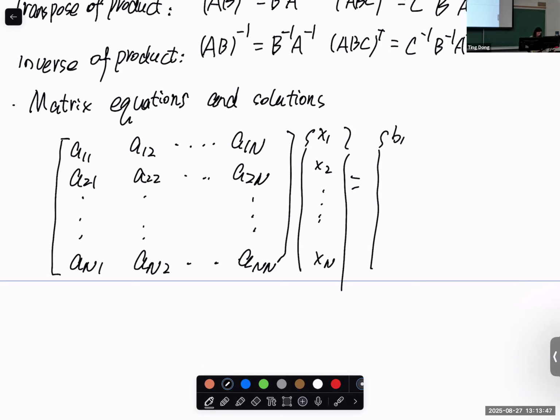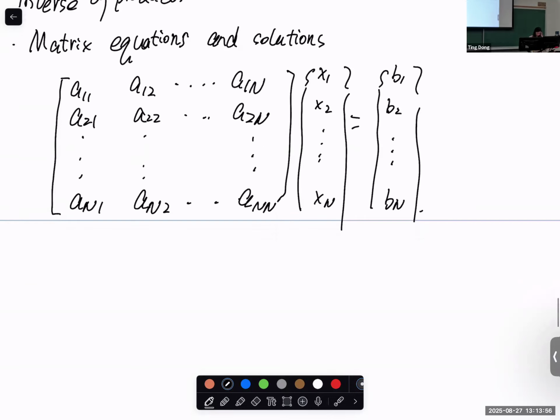Let's put it as B1, B2, up to Bn. If we define the matrix as the A matrix, the vector as the unknown vector x we need to solve, and the right hand side becomes the B vector.